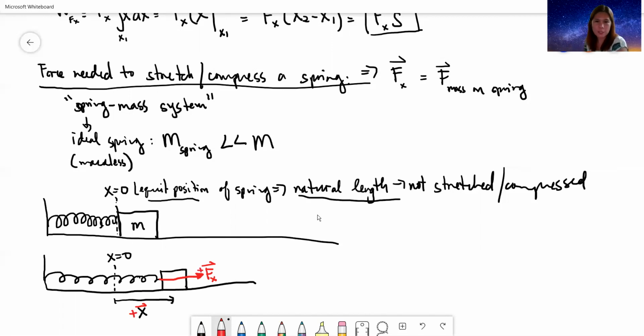Okay? So by Hooke's law, this is a statement that relates the force needed to stretch or compress a spring. So it's saying that the force that you need to either stretch or compress a spring is directly proportional to the amount of stretching or compression that you'd like.